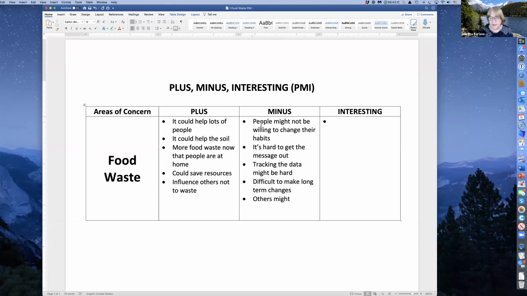Okay, and while I type this last one, let's switch over to interesting. It may have a great impact on large cities. Learn new ways to put food to use.